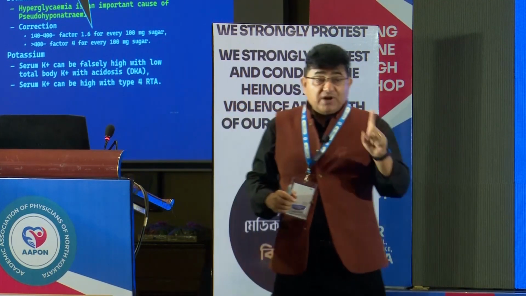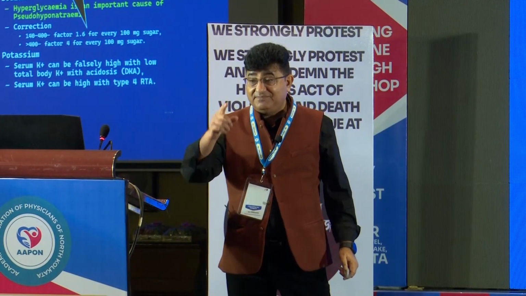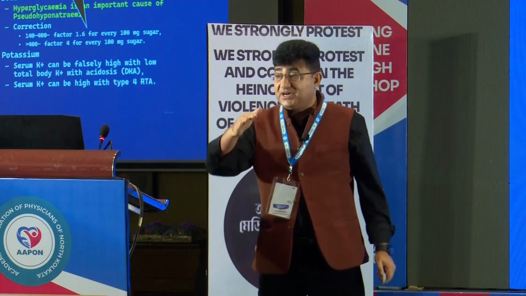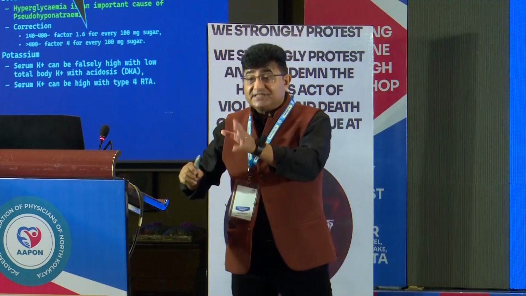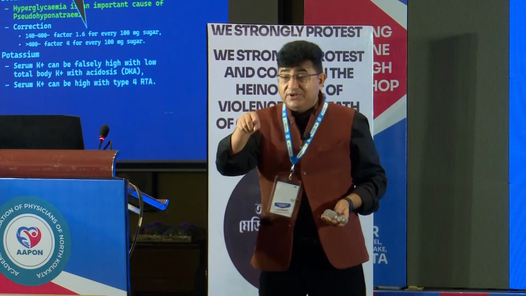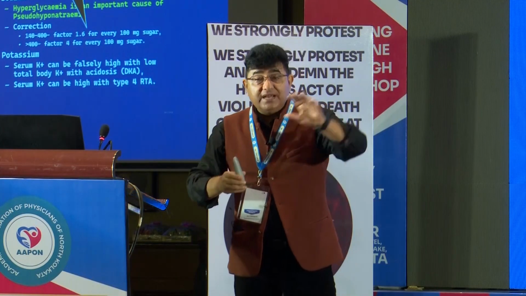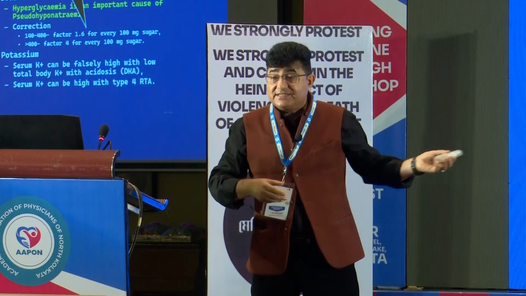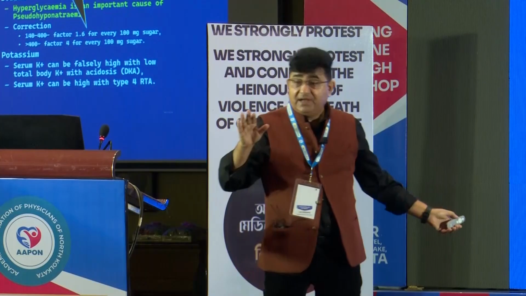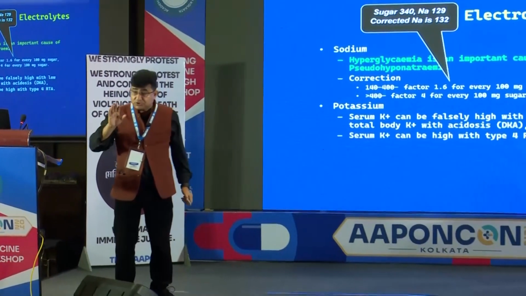No. You have to correct it by a factor of 1.6 for every 100 milligram per deciliter blood sugar above the normal value. That is, for 700 blood sugar, additional is 600. So 1.6 into 6, that is the amount of sodium you have to add to the lab value. Actually, this is a pseudo hyponatremia of hyperglycemia. And second, as I said, potassium replacement should start early.